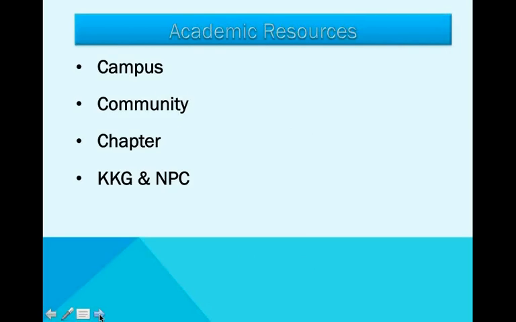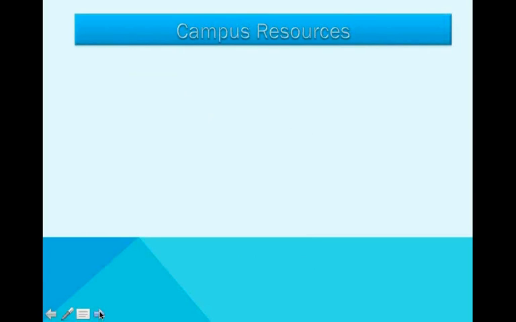First and foremost, you have campus resources available to you. Universities and colleges have greatly expanded their academic resource sections and the different centers and learning places they have on campuses in the last 10 to 15 years predominantly. One very obvious resource you have at your disposal is your campus libraries.